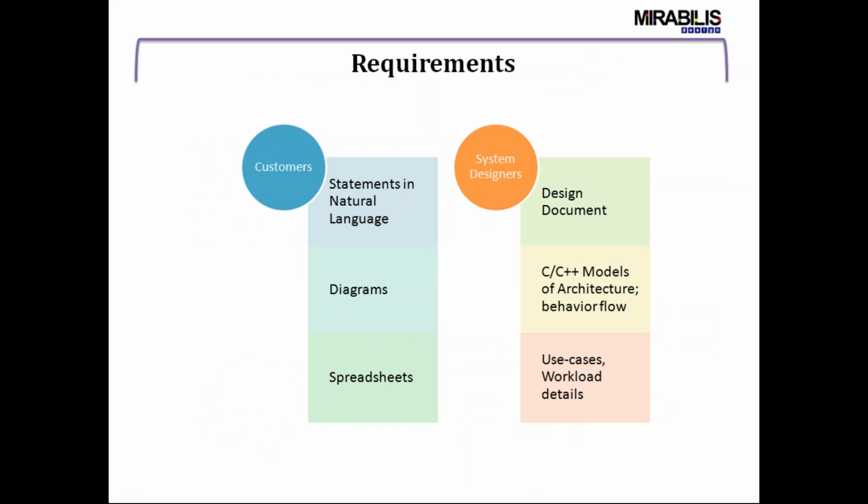The requirements that you could come across can be classified into mainly two sections. One is the requirements shared by the customers. It will be in plain statements in natural language, so you could get it from a Word document or something like that.